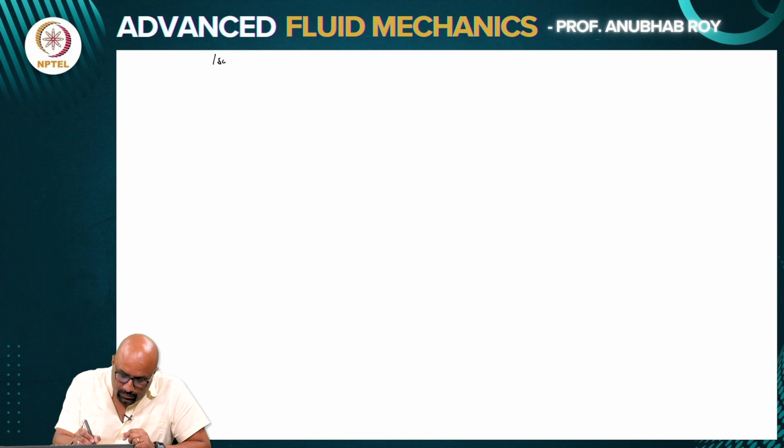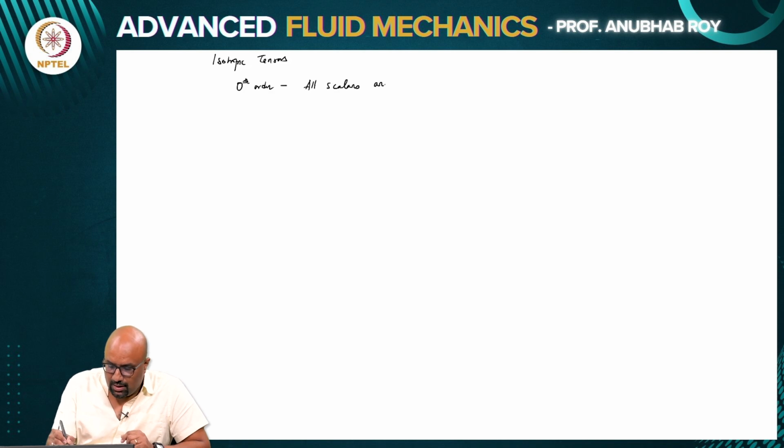So, when I have 0th order, which is nothing but scalars, all scalars are isotropic. If I go to first order, which is vector, no vector is isotropic.